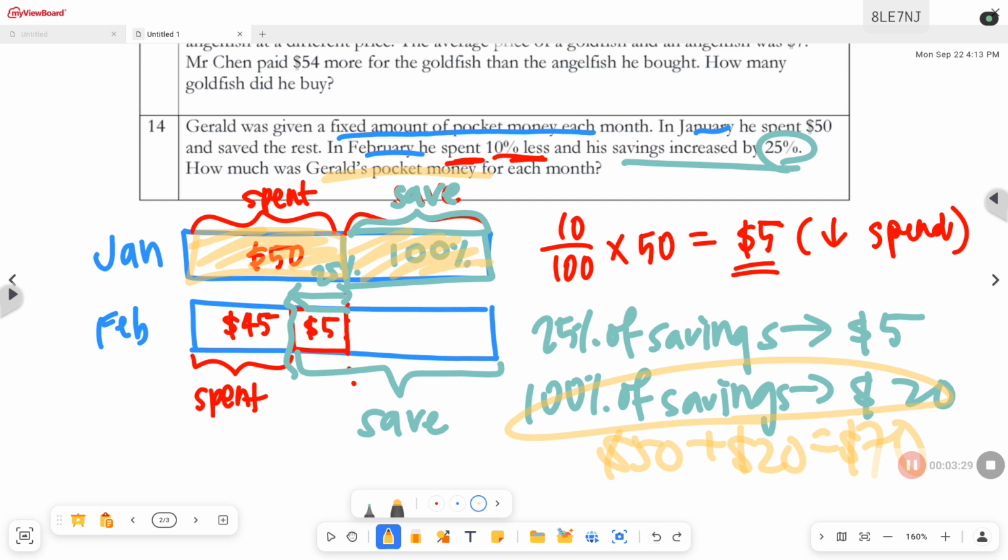Take note that the drop of 10% of my spending is the same as the increase of 25% of my savings.